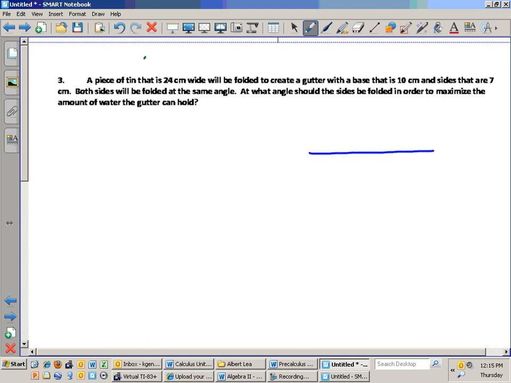He's taking this piece of tin, which is 24 centimeters in length, and he's going to fold the sides up such that this angle right here will be the same for both of them.